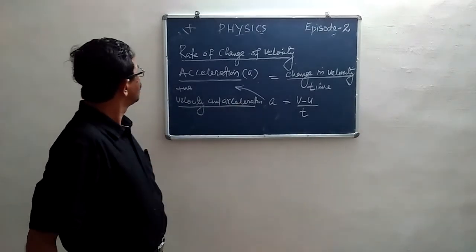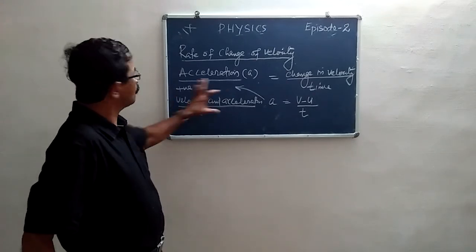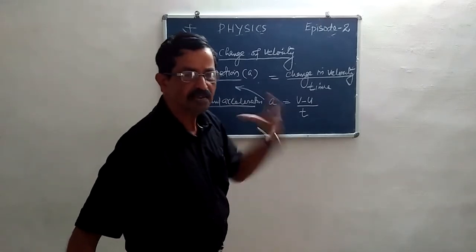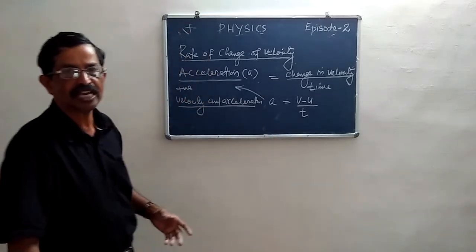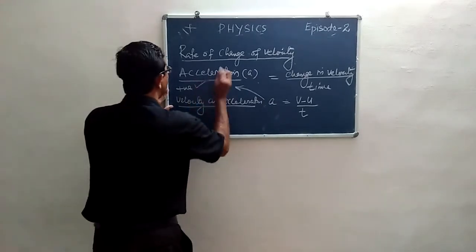For example, a stone falling from the roof of a building. Here the acceleration and velocity both are in the same direction. Then it is positive.